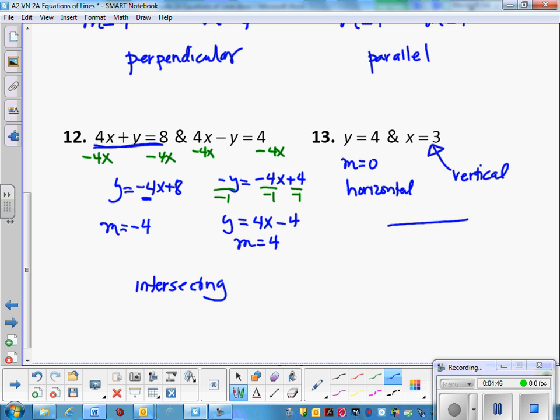So if I have a horizontal line and a vertical line, they are perpendicular. In one of the next videos, we'll talk about how the slope of x equals 3 is undefined.